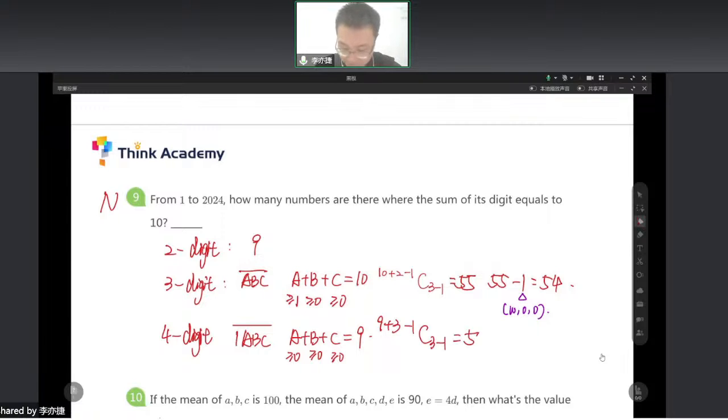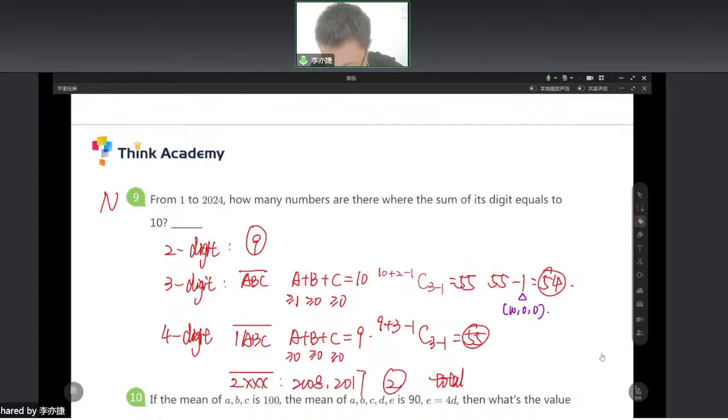Also a 55. And if we start with 2, maybe we just enumerate: 2008, then 2017, then again 2026. So only 2. So we have 9, 54, 55, 2.